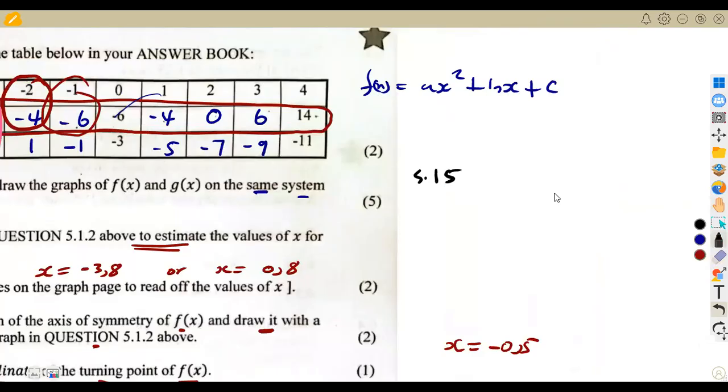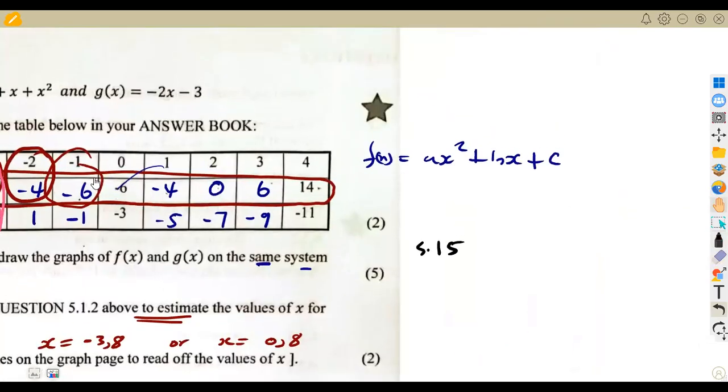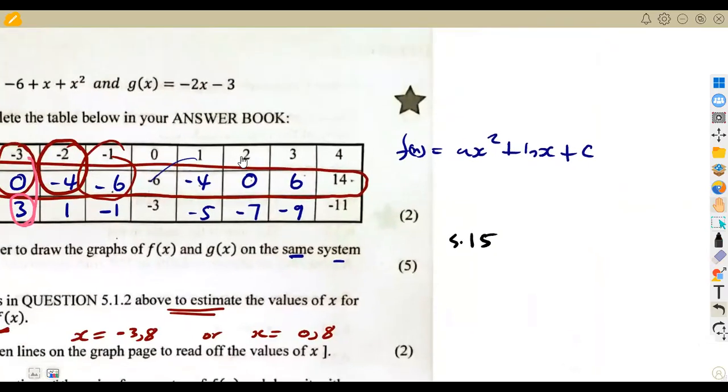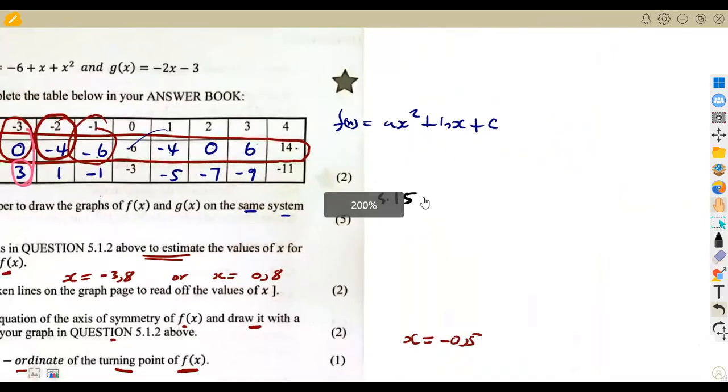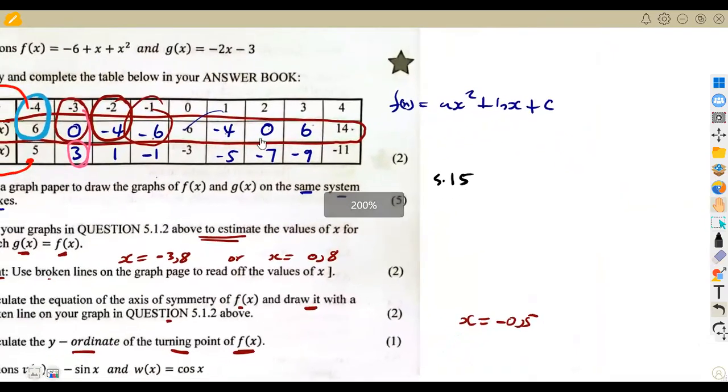So you're going to substitute. Remember, it reads that f of x is equal to minus 6 and this and that. So you're just going to substitute everything as it is on that f of x, with the x that we got on the axis of symmetry.